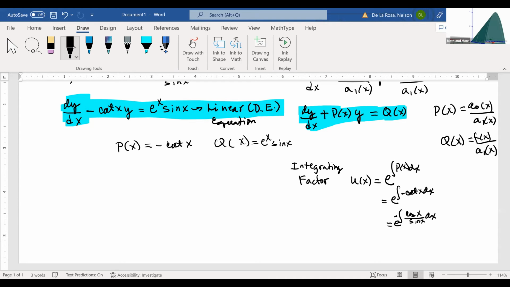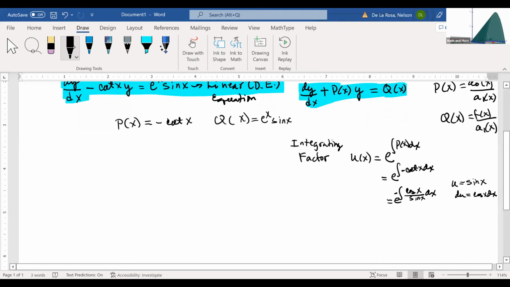This integral can be solved using substitution. We say that u is sine of x, then du will be cosine of x dx.